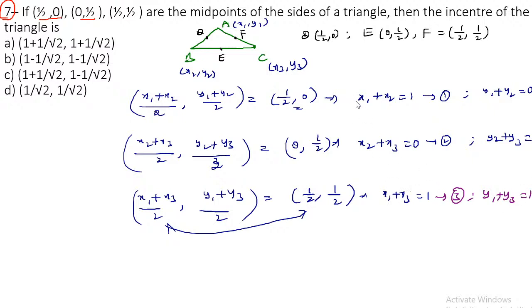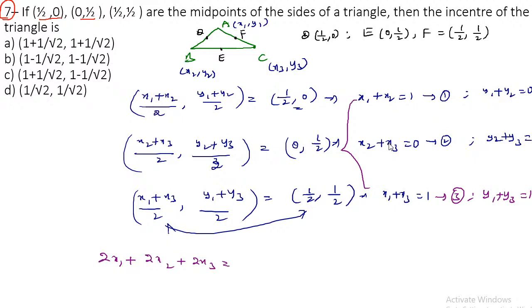Now let us add these three, 1, 2 and 3. So we get 2x1 plus 2x2 plus 2x3 is equal to x1 plus x2 plus x2 plus x3 plus x1 plus x3.